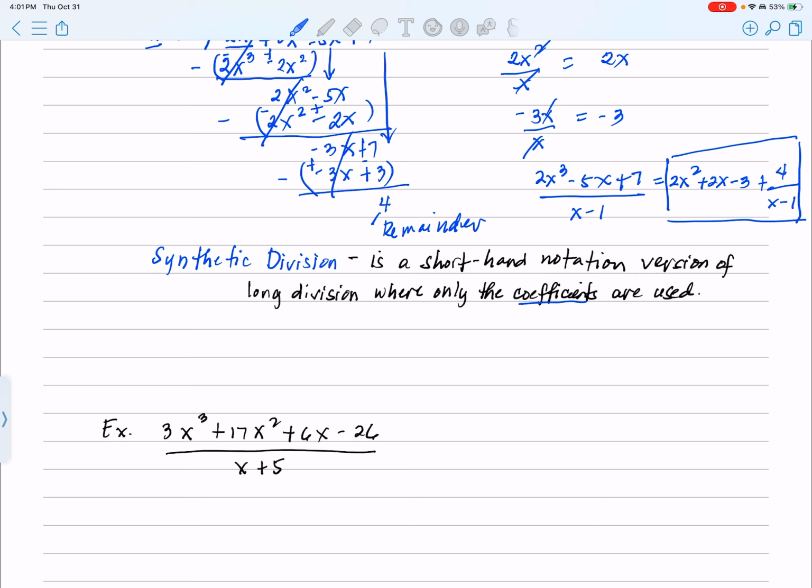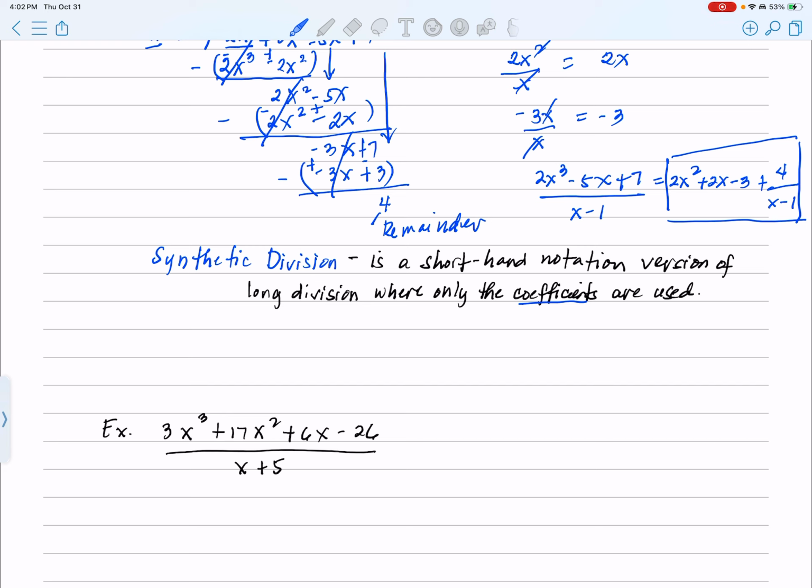But sometimes there are cases where we cannot use synthetic division because what is given is somewhat complicated. So we want to see which one is better to use, whether the long division or the synthetic division. Okay?